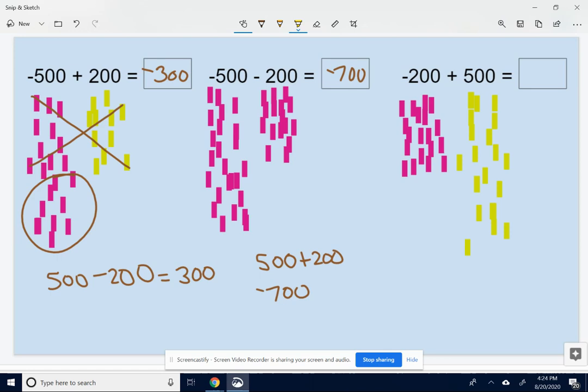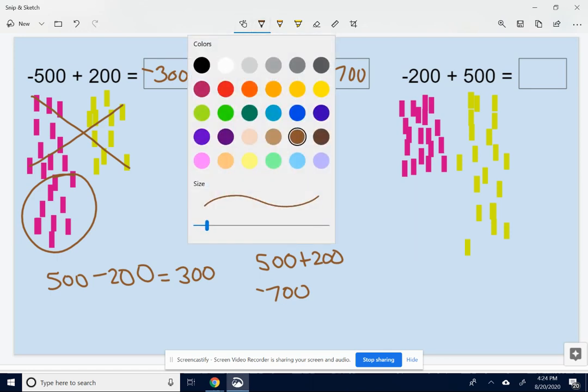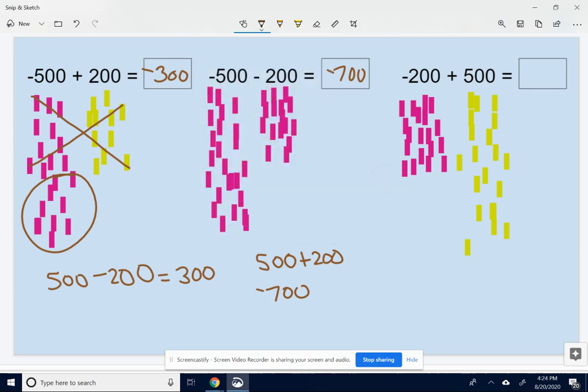So again, just like the first problem, we know that we're going to have a bunch of stuff go away. All of those zero pairs cancel, and just by visualizing this, the yellows win. There's more yellows than there are reds, so the yellows are going to be the charge.